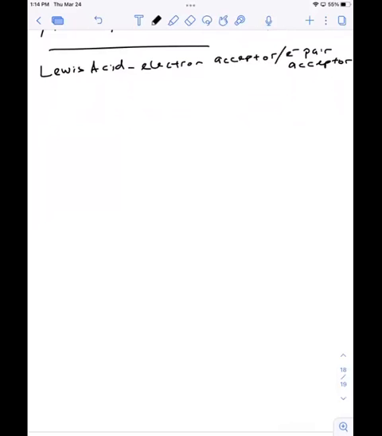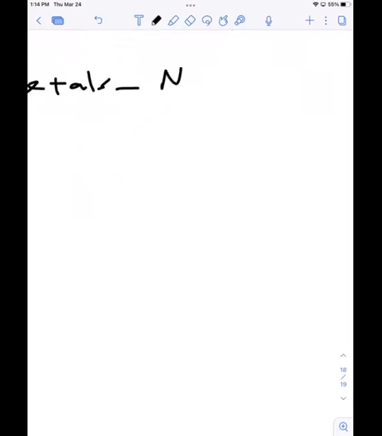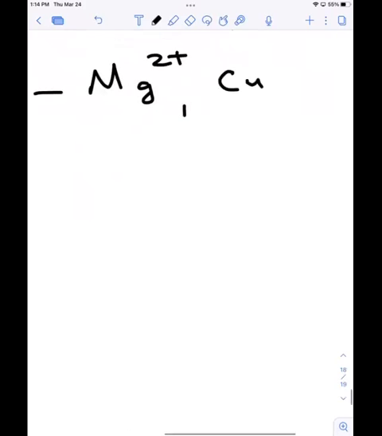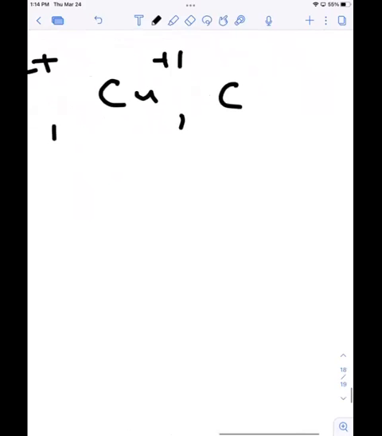And many times your Lewis acids are going to be metals. So some metal ion, like say magnesium 2+, copper +1, cobalt 3+.